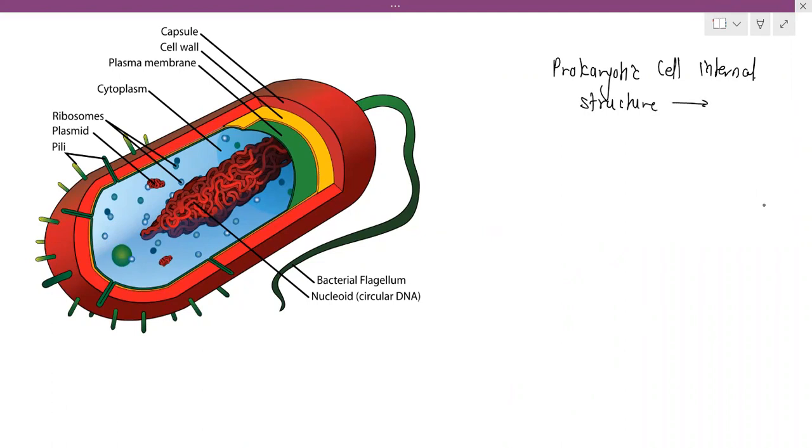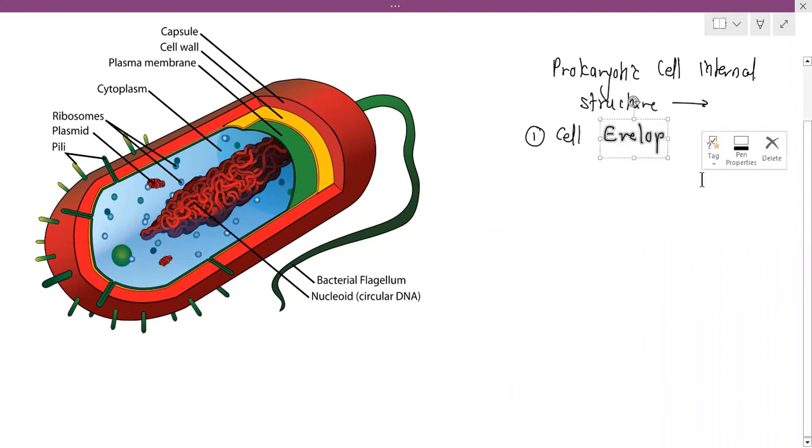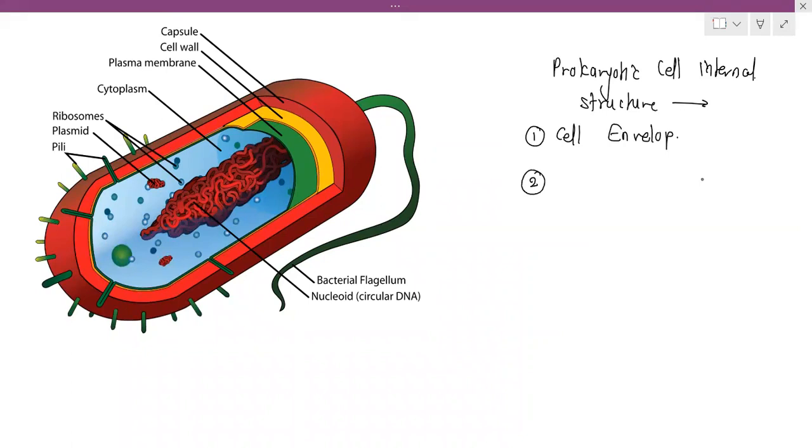First part is called the cell envelope, and the second part is cytoplasm.